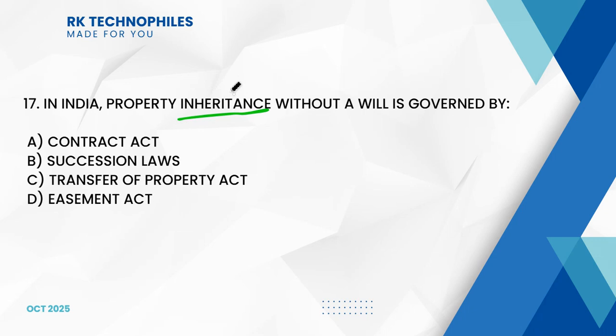So in itself it is saying successors, right? For a father and mother, the inheritance property will go to their successors, like daughters, sons, like that. So the option will be succession laws.